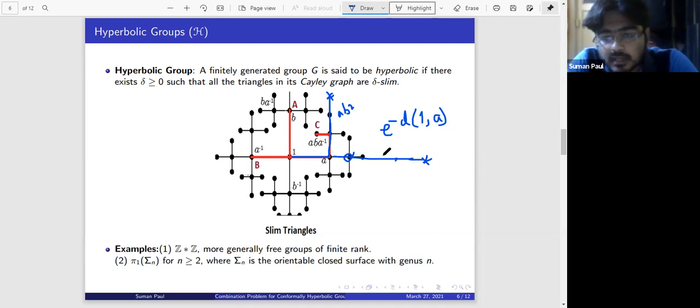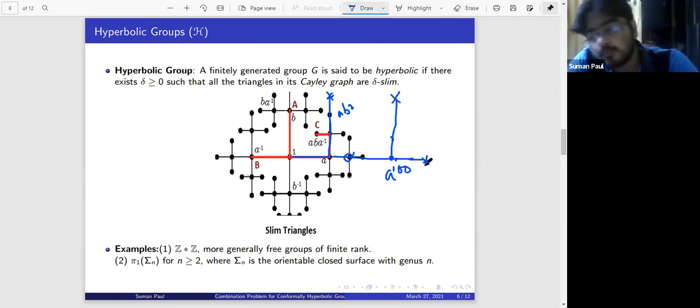So see that if it is parted away from far away, suppose from this point, this is suppose a to the power 100, then the distance between this boundary point and this boundary point will be e to the power minus of this distance, which is 100.